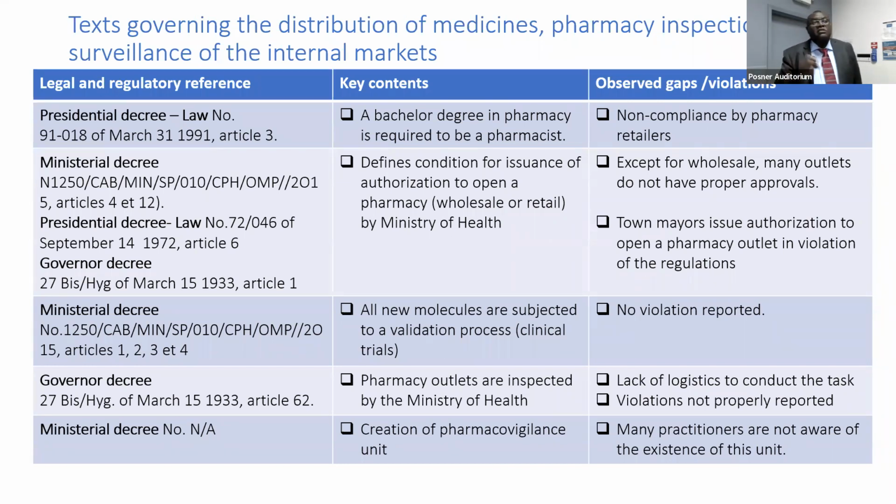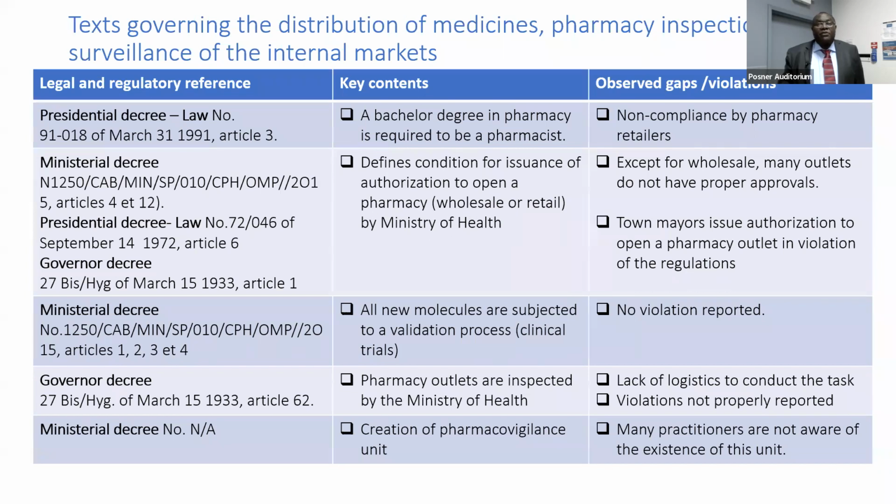Except for the wholesalers, who have a mandatory requirement to have a pharmacist, because the pharmacy council follows that. They want to have one of their own get a job in that wholesale operation. So it's mandatory before you open a wholesale operation, you have to have a pharmacist. There usually the rules are upheld.